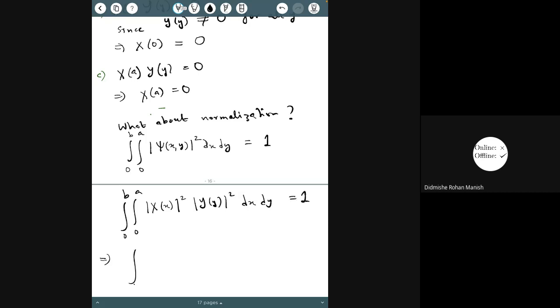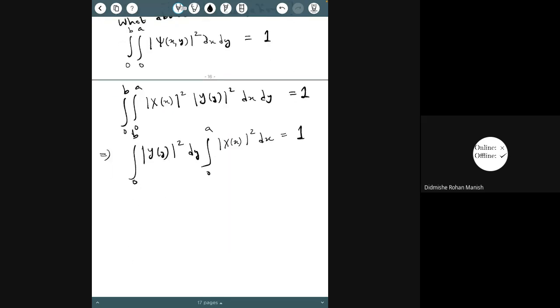That can be separated as, okay, so I have a normalization condition which is also kind of product separable.